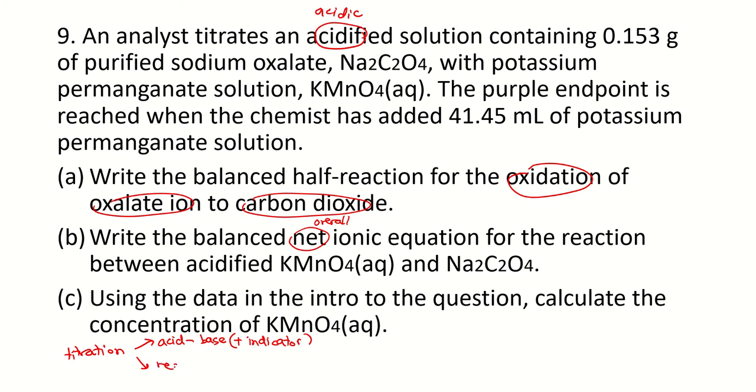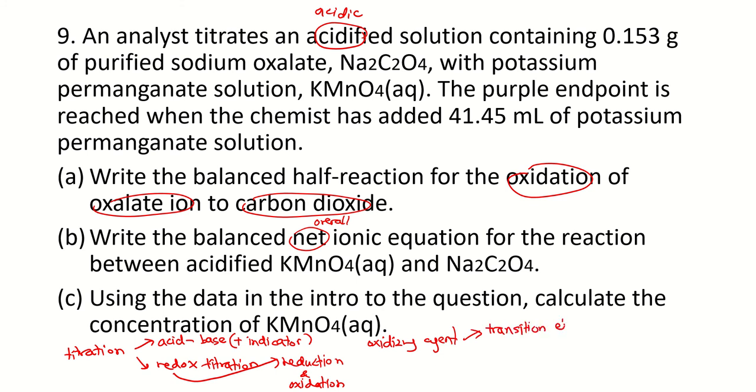But the second type of titration is known as redox titration. Redox titration means titration involving reduction and oxidation, which must occur simultaneously. Usually in redox titration we don't use an indicator. Why? Because the endpoint can be determined by using the oxidizing agent, which is made up of a transition element.